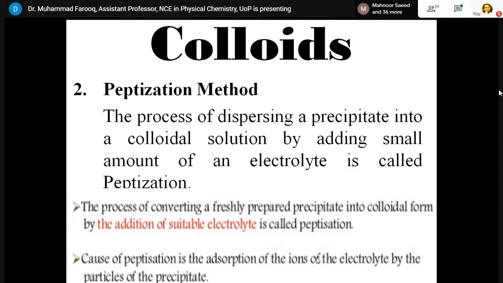If you want to make a colloid of this suspension, we will add a small amount of electrolyte into it, and the particle size will automatically be reduced. The cause of peptization is the absorption of the ions of the electrolyte by the particles of the precipitate. If you add an electrolyte, the electrolyte ions deposit or absorb on the surface of the precipitate particles.